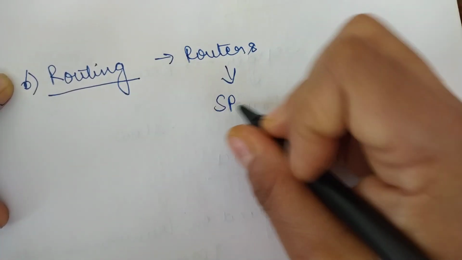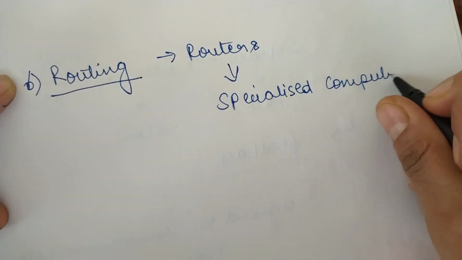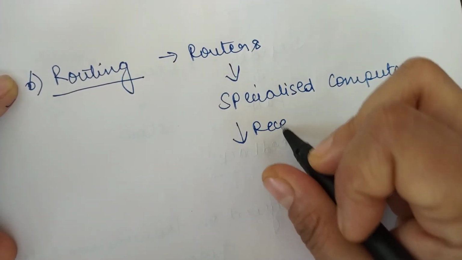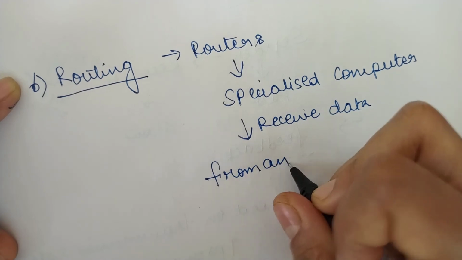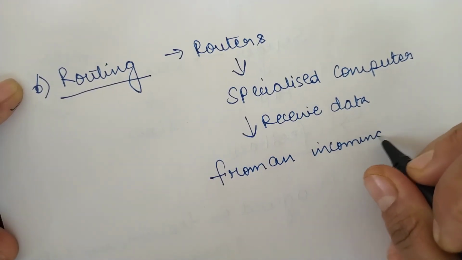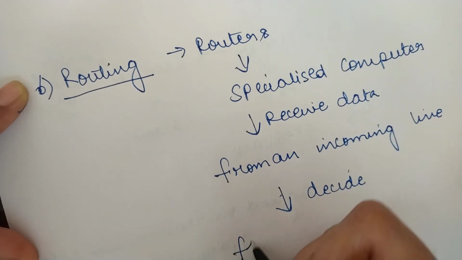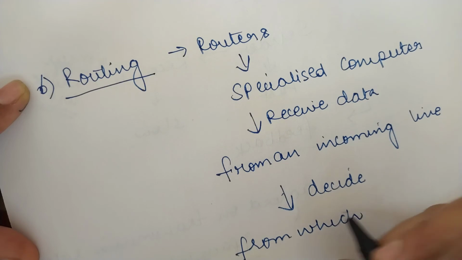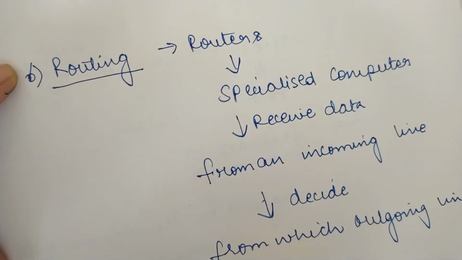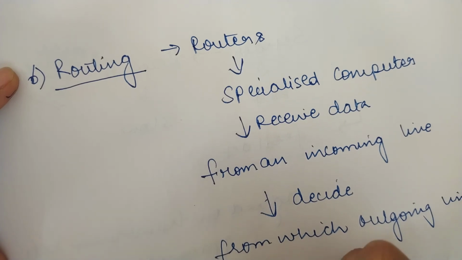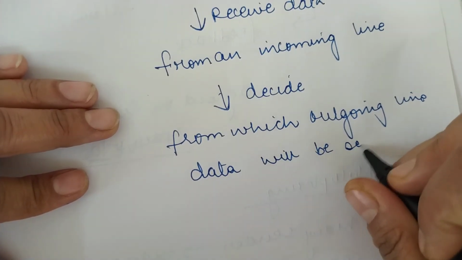Routers are special, specialized computers that receive data from an incoming line or incoming transmission line and then decide from which outgoing line the data will be sent. So this is known as routing.